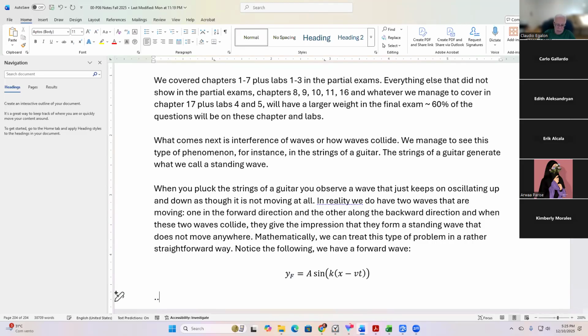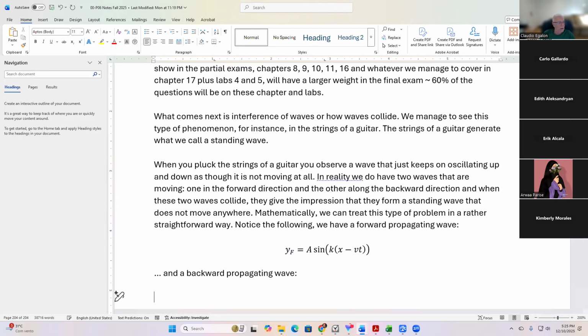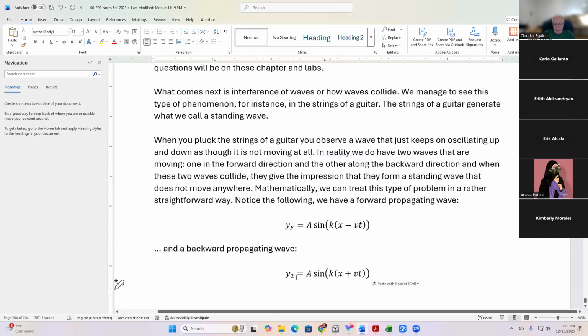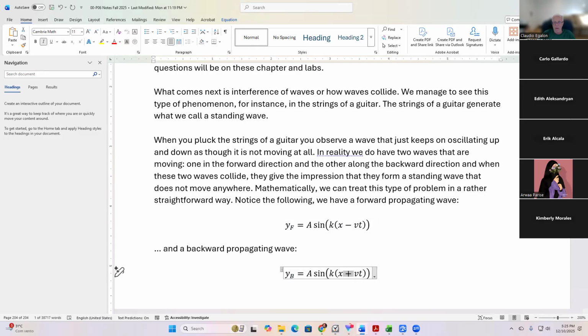And a backward propagating wave, which I am going to write like that. Okay, notice the forward propagating wave has a minus sign, the backward propagating wave has a plus sign. And I'm assuming that they have the same amplitudes, which is reasonable.